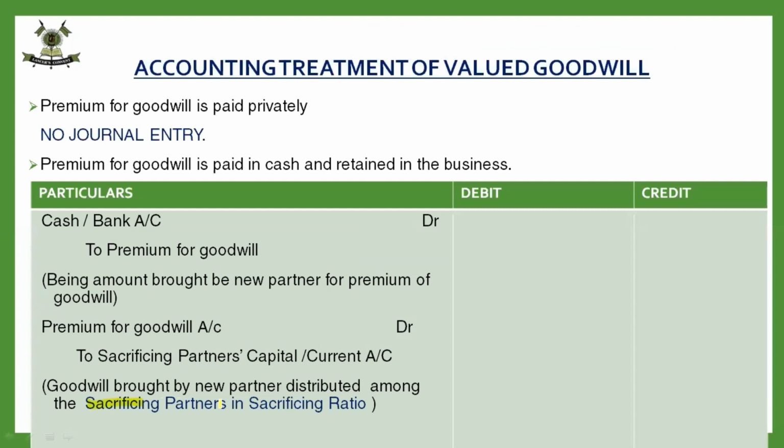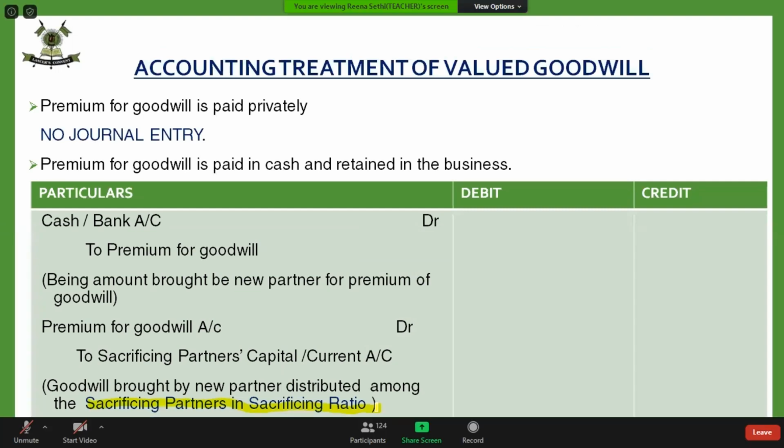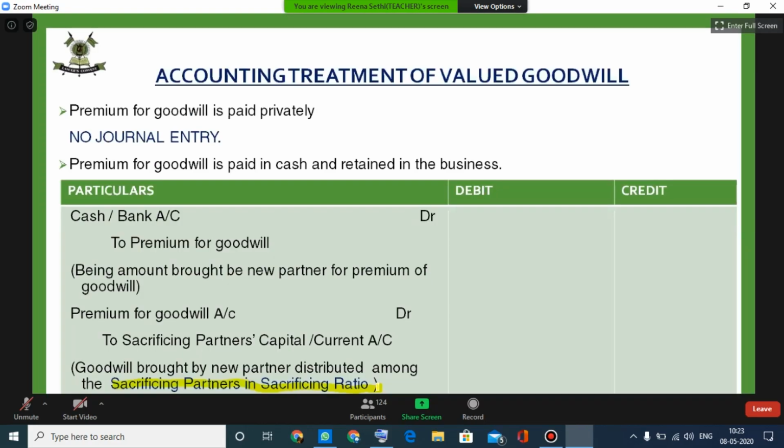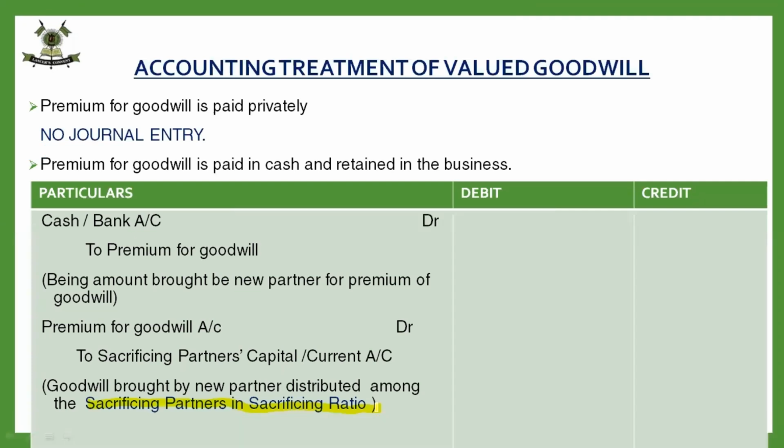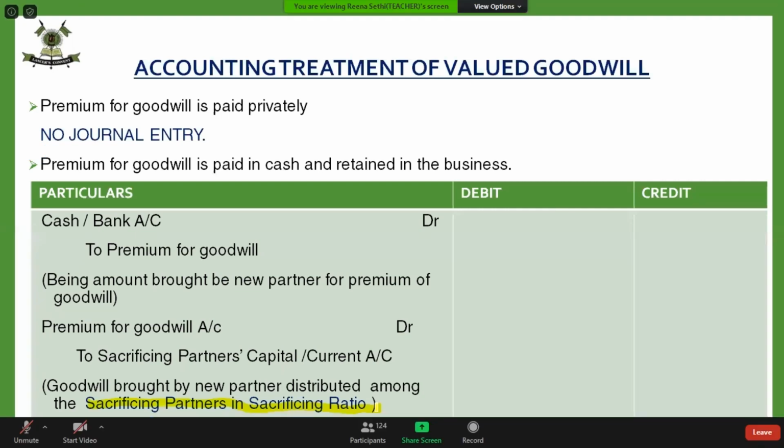Note down this clearly: goodwill appearing in the balance sheet is to be distributed or written off in the old profit sharing ratio amongst old partners. But valued goodwill is to be distributed differently: premium for goodwill is to be distributed among sacrificing partners in the sacrificing ratio. Whichever partner has sacrificed his share, this premium for goodwill will be distributed amongst those partners.